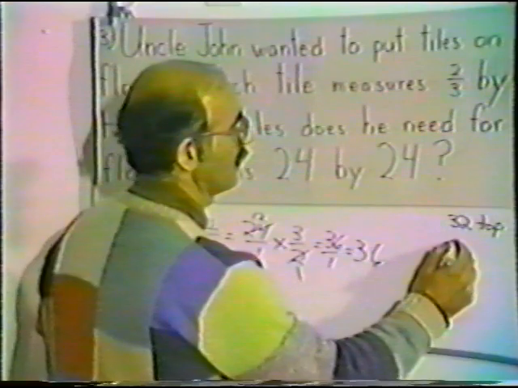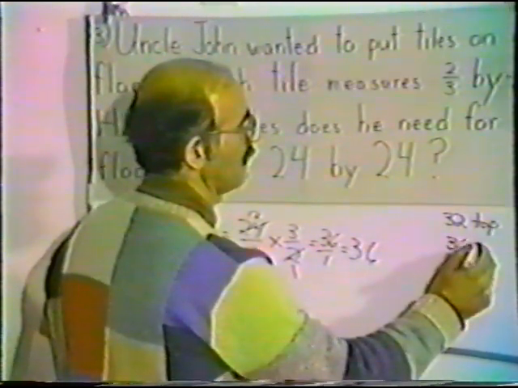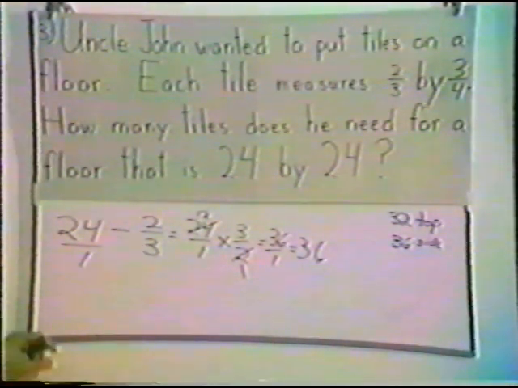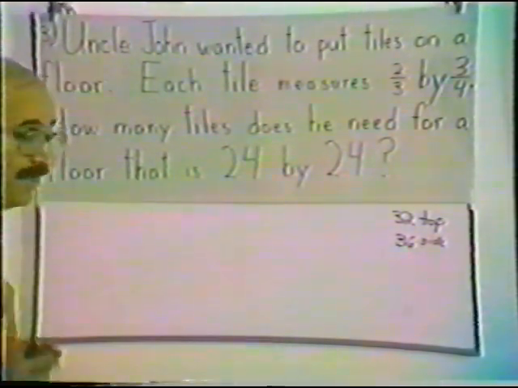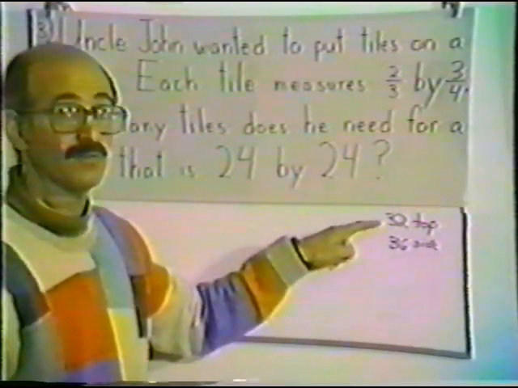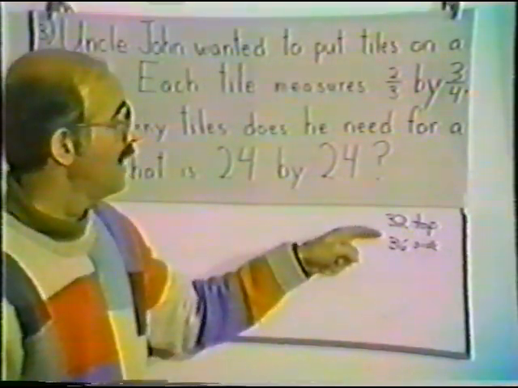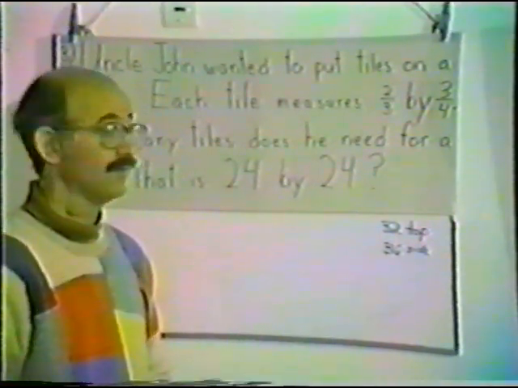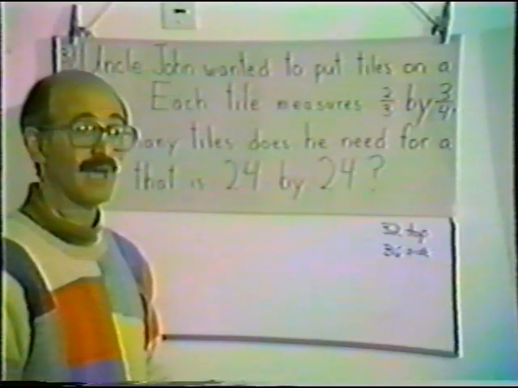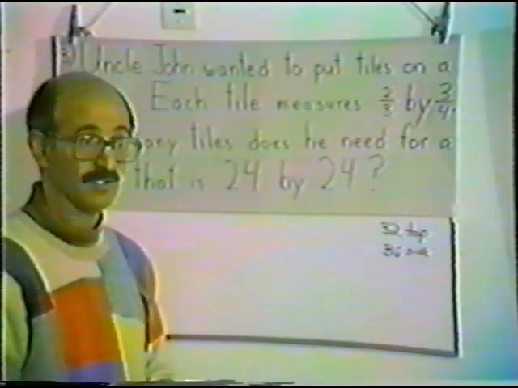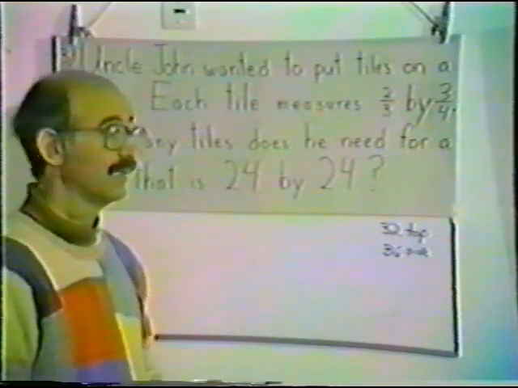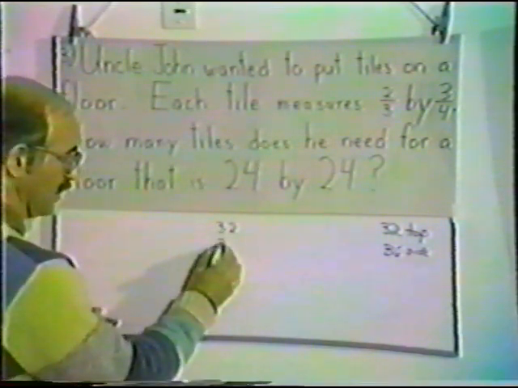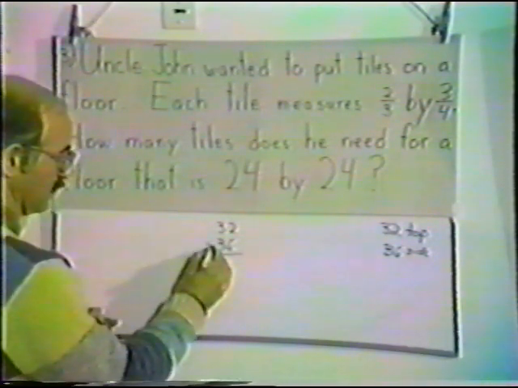So I have 36 of those tiles down the side. Well, if I have 32 across the top and 36 down the side, what do I do with those two numbers to find out how many tiles in all? Multiply. Yes, I do. I multiply 32 times 36.